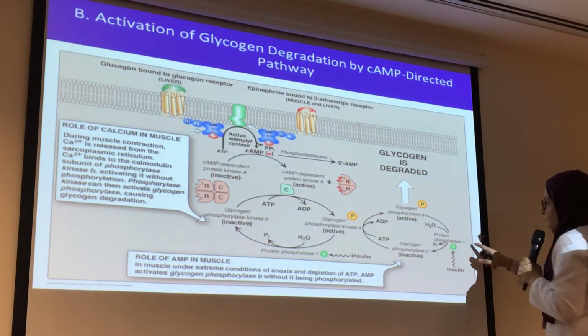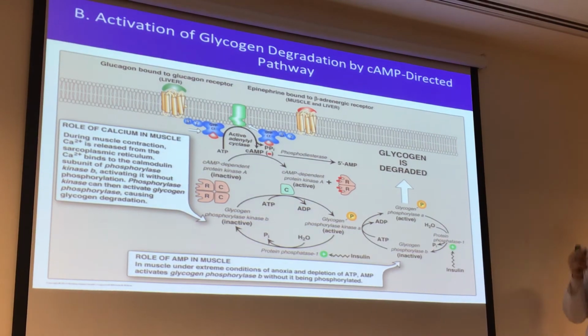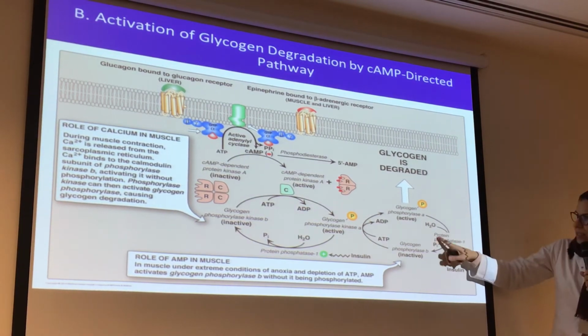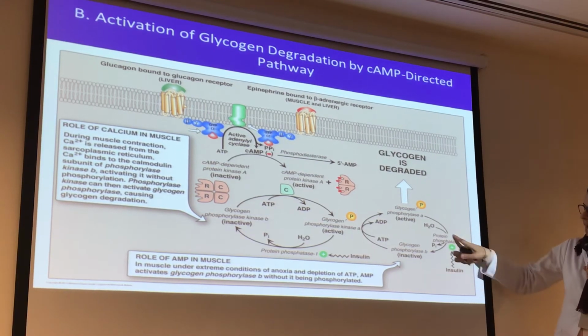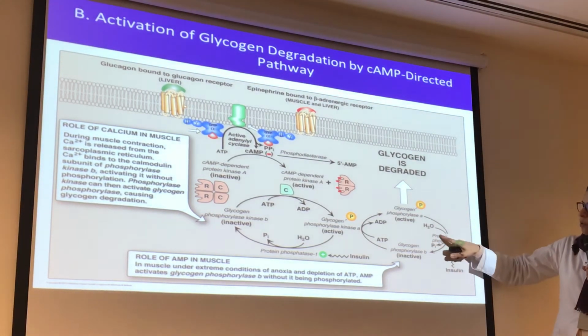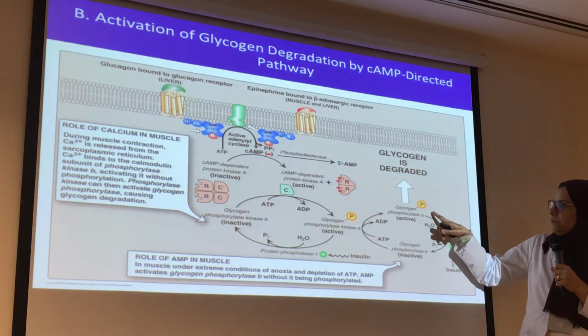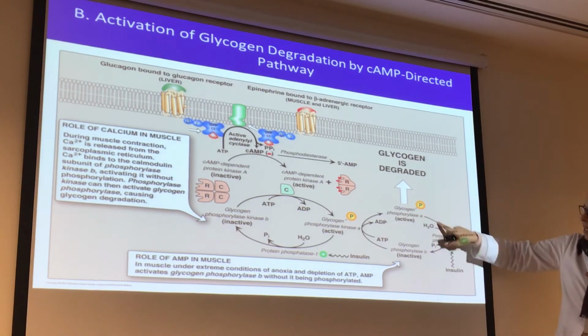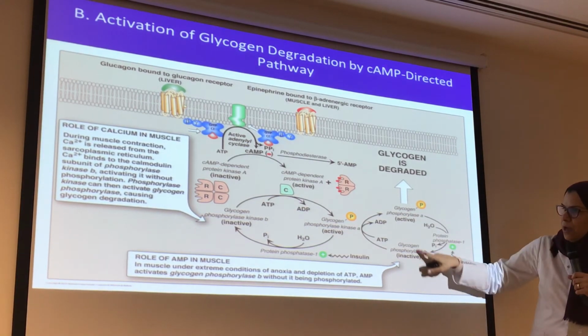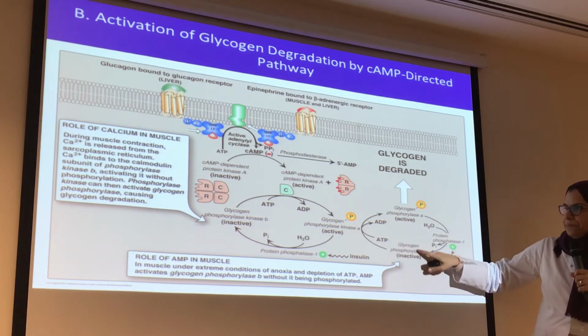Okay, so when we are eating, insulin is released and it will activate the phosphatase. What will the phosphatase do? It will remove the phosphate group and change the phosphorylase into its inactive form.